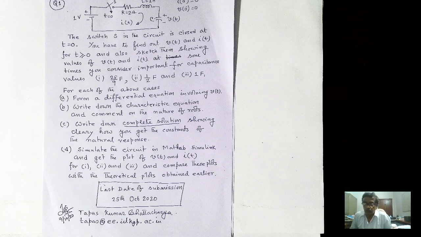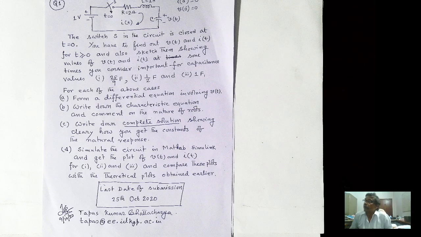Find out the closed form solution of V(t) and i(t) ultimately. Then on a graph paper sketch V(t) and i(t) against time, and do it to scale.